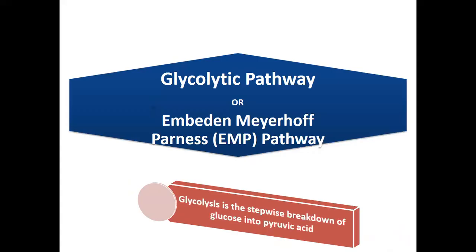This glycolytic pathway can also be called the Embden-Meyerhof-Parnas pathway. Embden, Meyerhof, and Parnas were the three scientists that discovered this pathway in plants. So the glycolytic pathway, or glycolysis, is the stepwise breakdown of glucose into pyruvic acid.